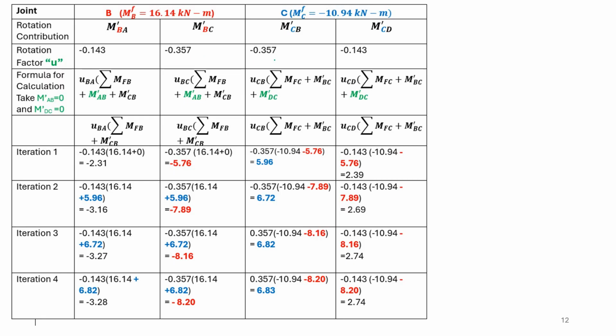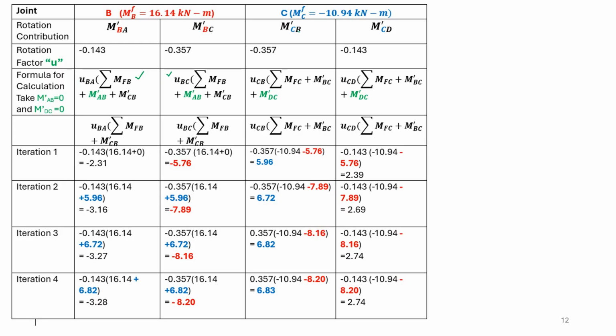So for CB it is minus 0.357, and for CD it is minus 0.143. Now the formulation is UBA into summation of fixed end moment plus M dash AB plus M dash CB. Similarly here UBC. These same terms are used in this column and this column. The only difference is you have to multiply by UBA and UBC.